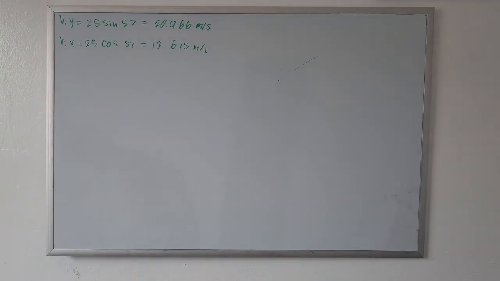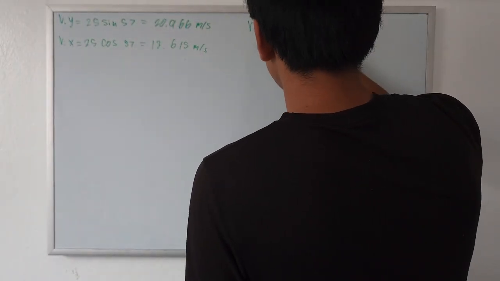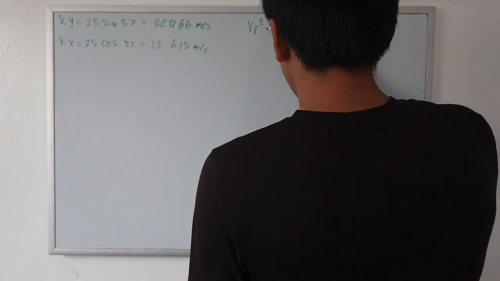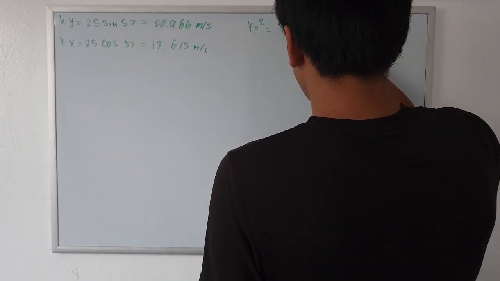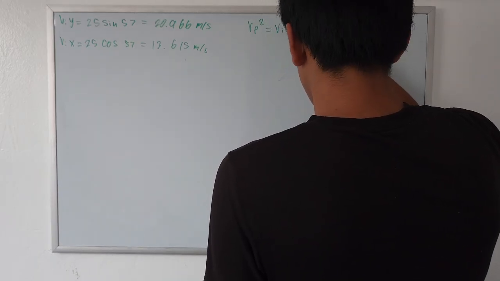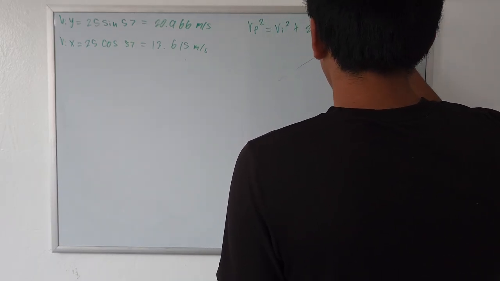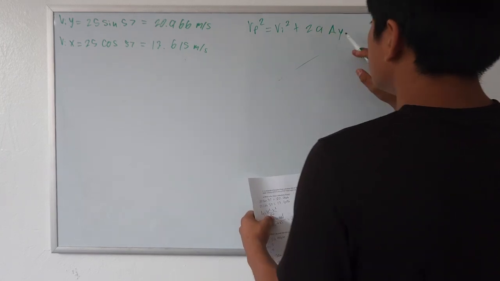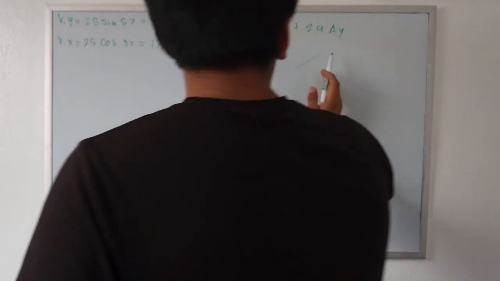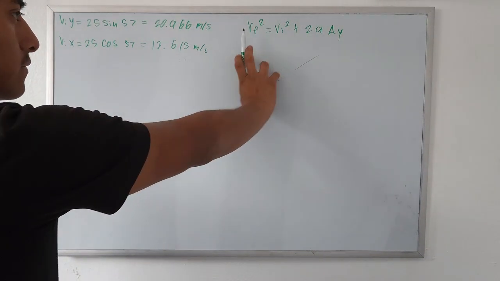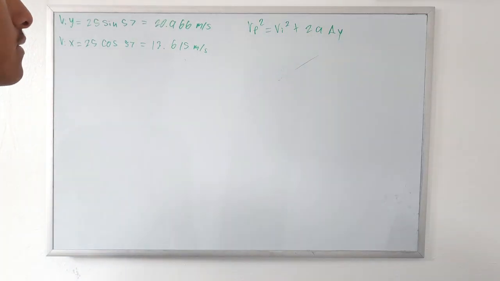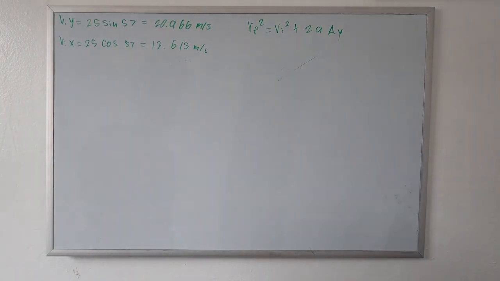Okay, and now it's asking us, what is the object's maximum height? For maximum height, we're going to use this equation since we don't have time, so we can't use the other one. It's v final squared equals v initial squared plus 2a delta y, since we're looking at the height. I'm going to rearrange this equation to make it easier at the end.